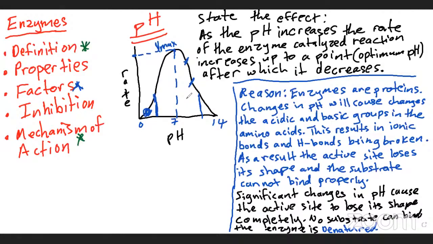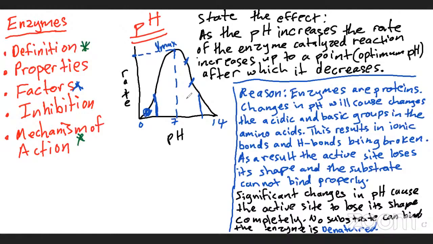If it is not a significant change in pH from the optimum, your enzyme is not going to be denatured, though its shape will change. So don't mix up the changing of the shape with denaturing. Once you change the pH, the enzyme's shape will change, and that is why the rate will change.